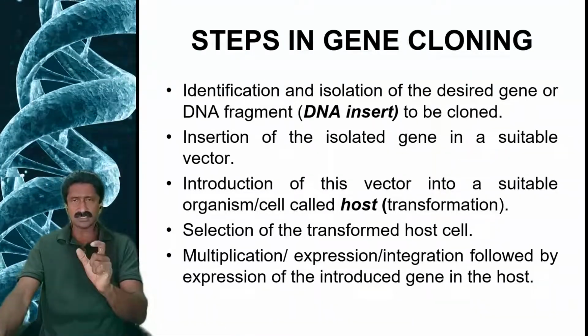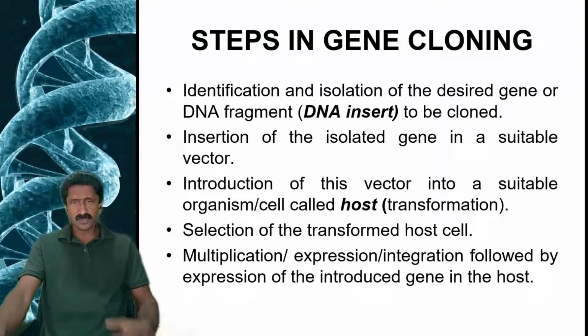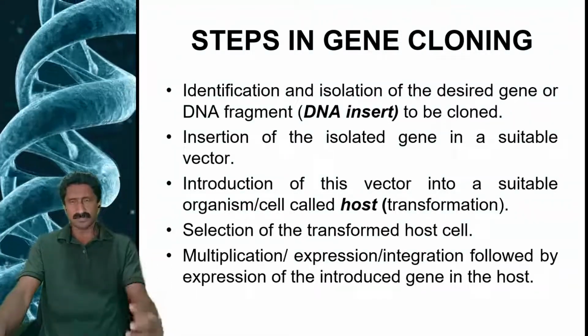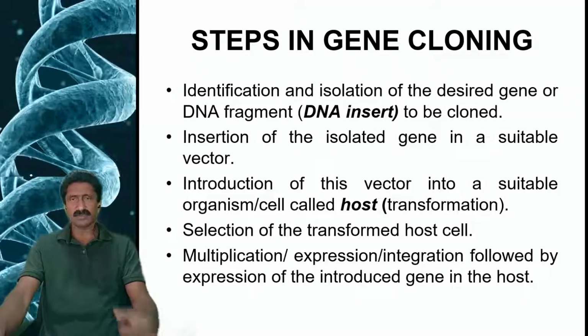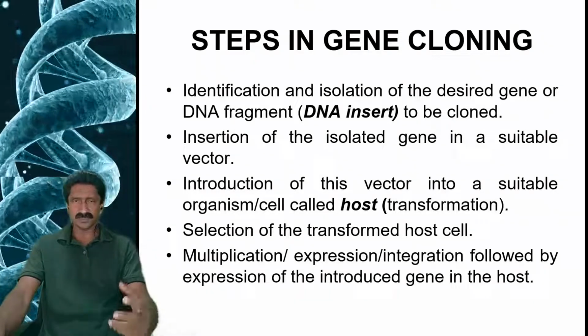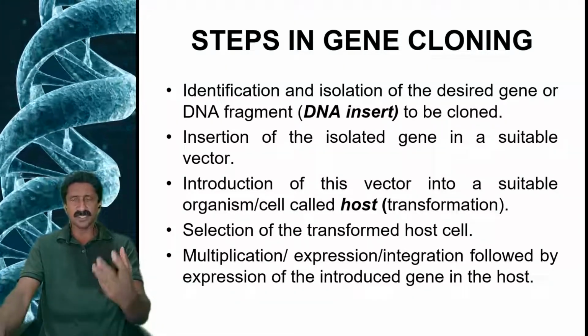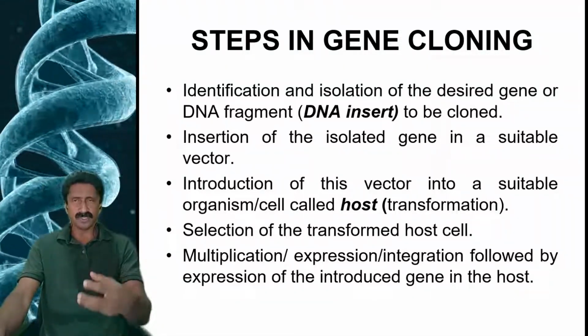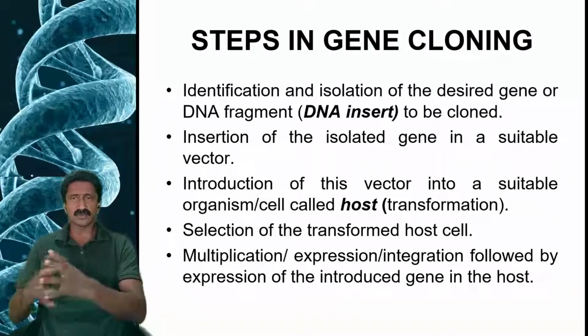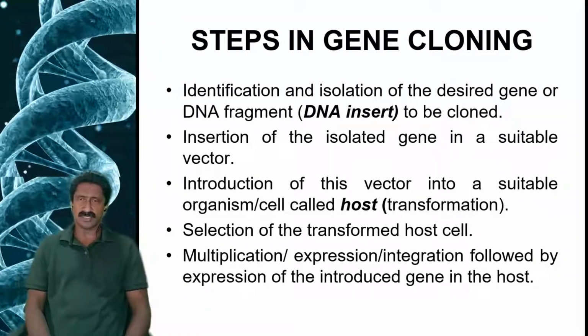In this case, it is insulin. Or that may be another protein of interest, maybe an anti-cancer protein or an antibiotic gene, whatever. So, a gene of interest should be there for isolation and subsequent incorporation into the recombinant DNA.